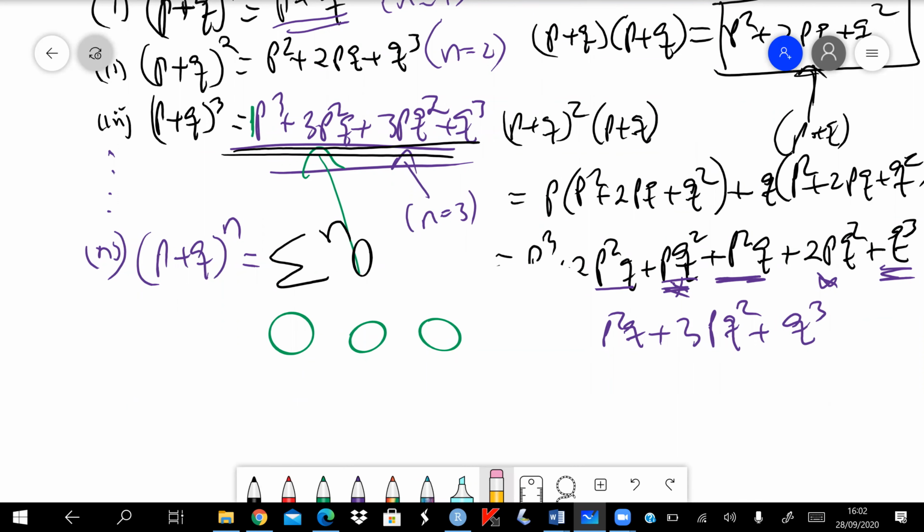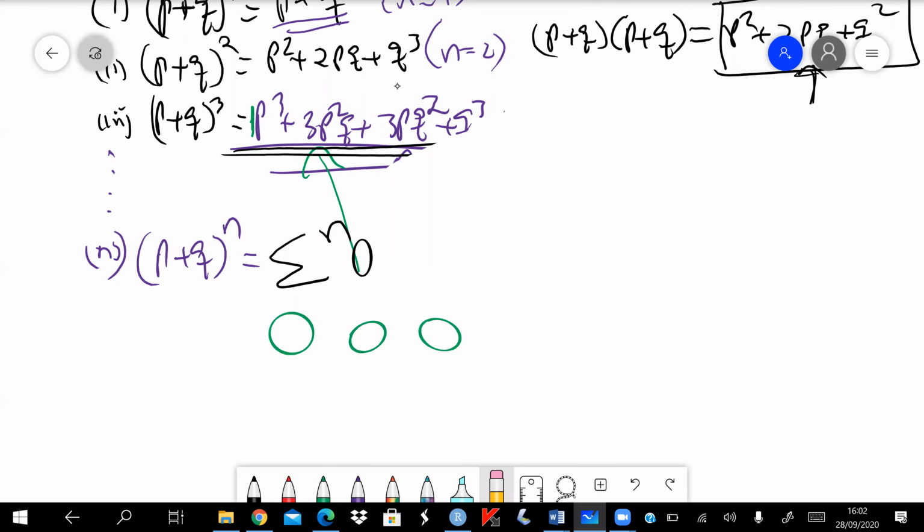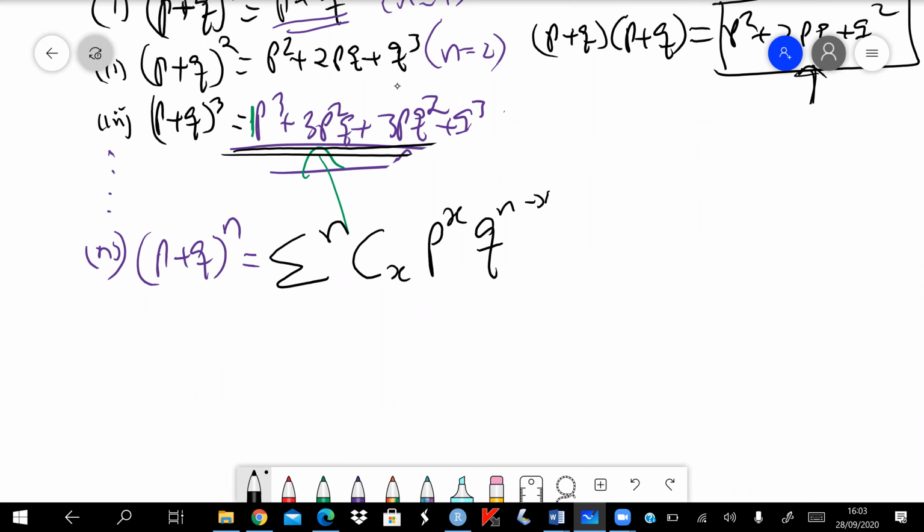If you continue to power n, you will observe something like this. So the final answer will be given by n choose x, p power x, q power n minus x, where this is a constant.